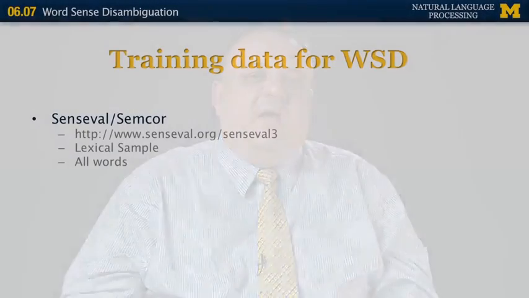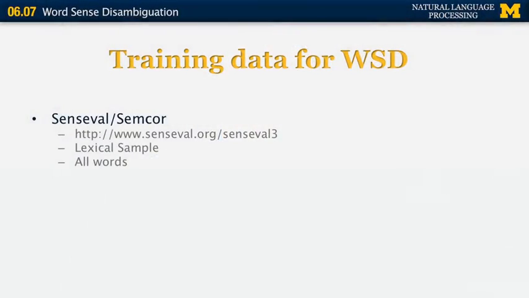And the second task was the so-called all words disambiguation task. That's where all the words in a given document had to be disambiguated. Now, in each of those cases, the senses in this manual annotation were obtained from WordNet. So SenseEval data, and more recently SemEval data, is available in many different languages in addition to English, so languages like Spanish and Romanian and Dutch and so on.